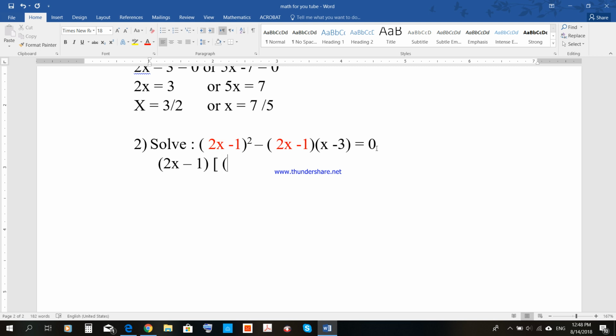We divide (2x minus 1) squared by 2x minus 1. The answer is 2x minus 1, because here we have 2x minus 1 two times, and here we have it one time. If I divide them, they become only 2x minus 1. Close the small parentheses.